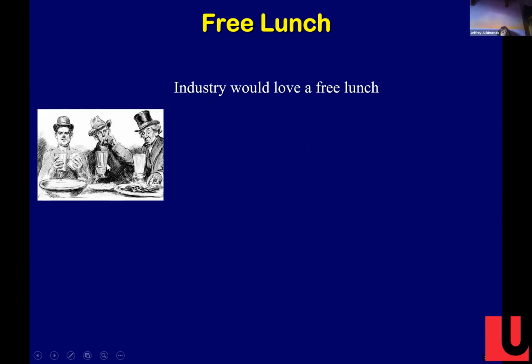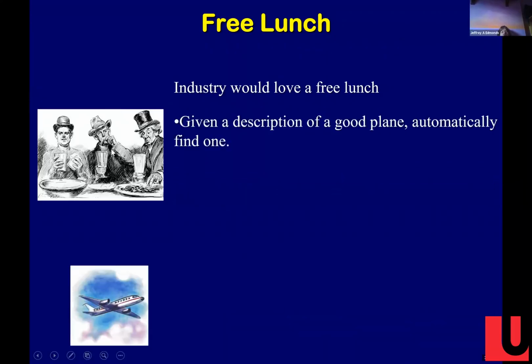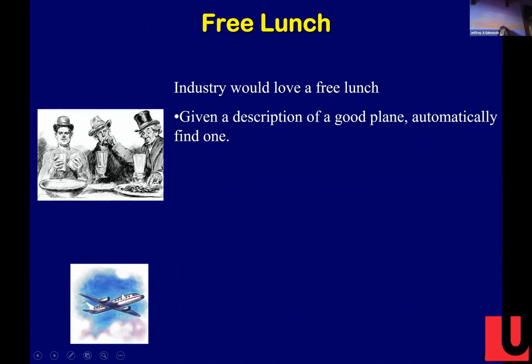Everybody in industry wants a free lunch, right? They want to be able to solve hard problems easily. So for example, here's an example problem. I give you a description of what I mean by a good plane. I tell you what kind of lift I want, how many people it's going to hold, the cost of it. I tell you various things. And then the program is going to automatically find how to build a plane that has that description, right?